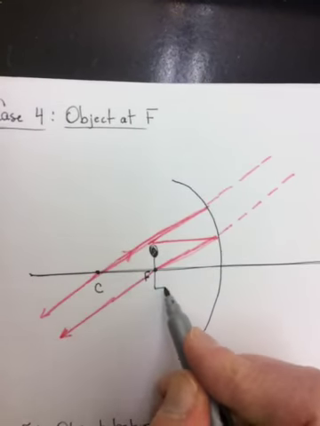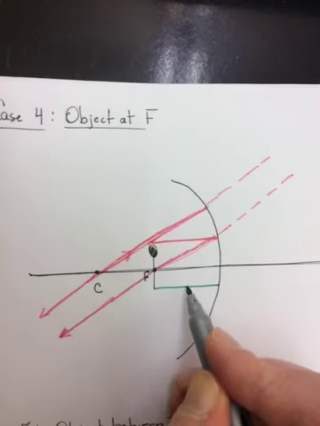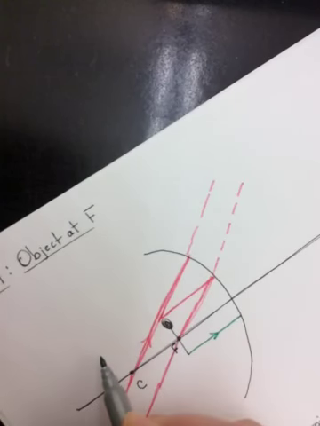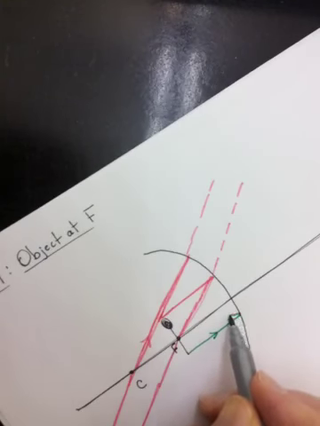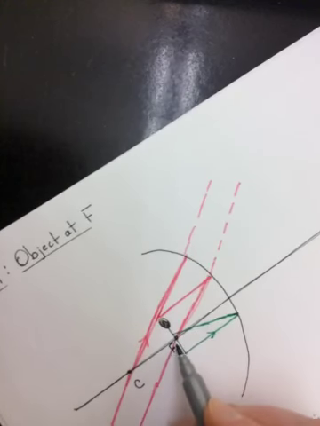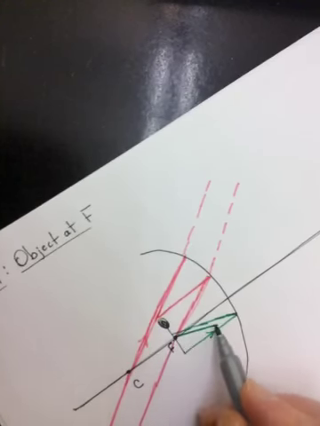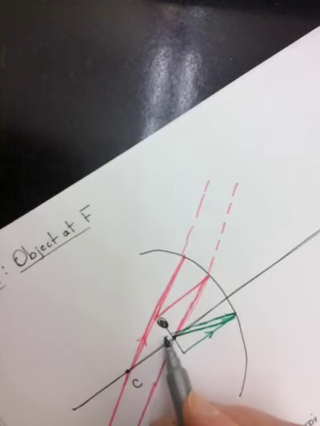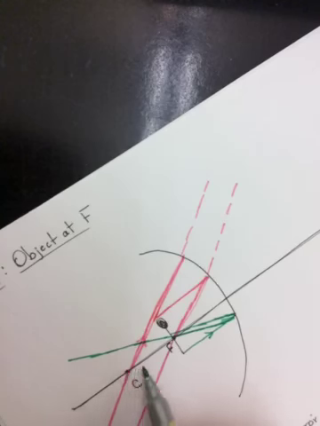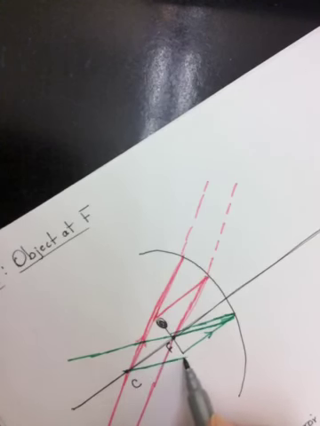Same 2 rays, in parallel to the principal axis, out through F. This is tough drawing the line backwards. Oops, I'm going to miss F. Okay, in through C. Should have done this one first, maybe.